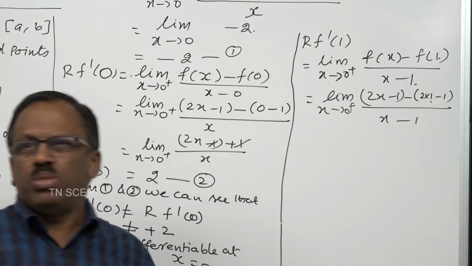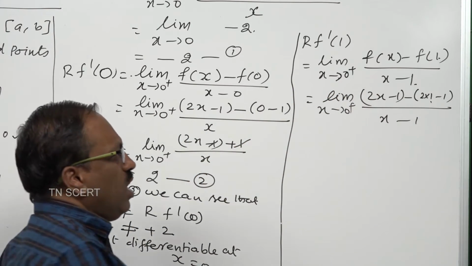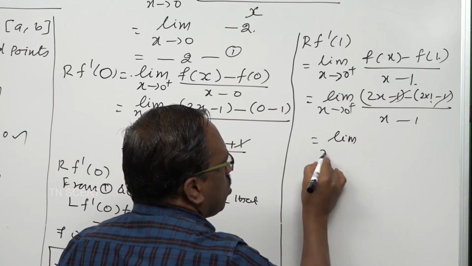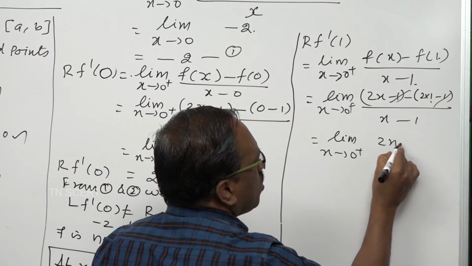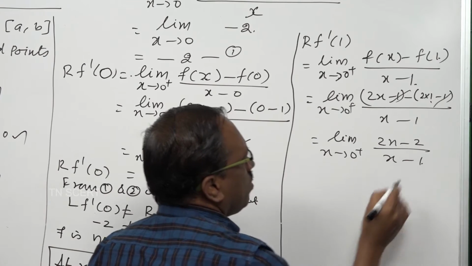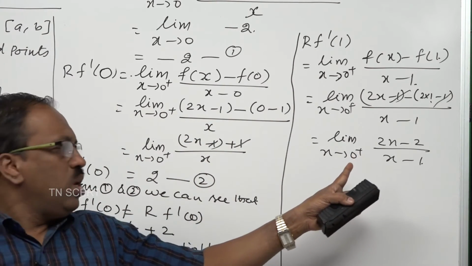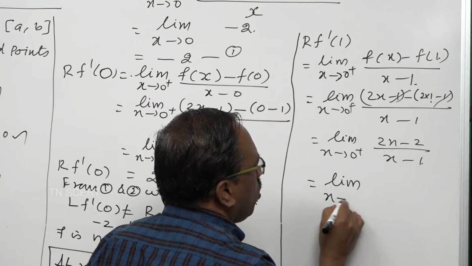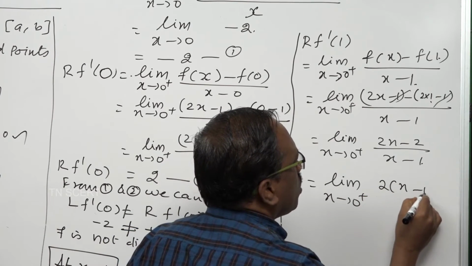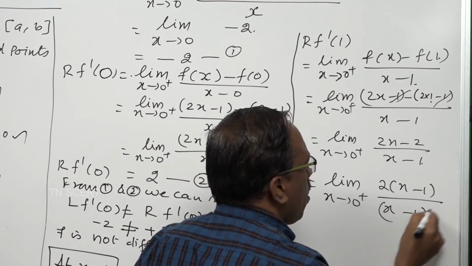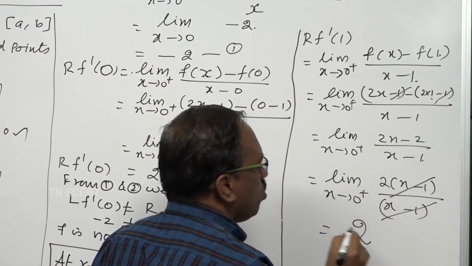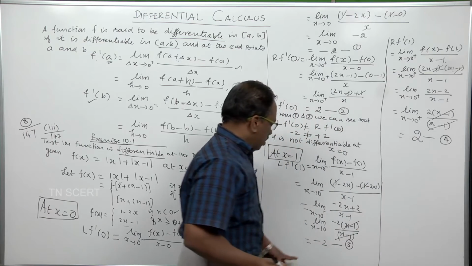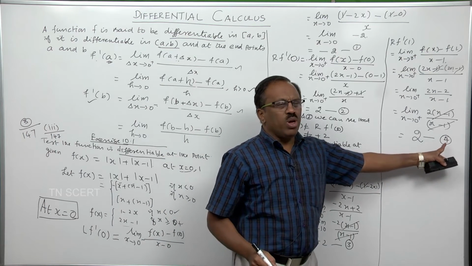I am just substituting the value 1 over there, and minus 1 and plus 1 get cancelled. So, limit x tends to 1 plus, 2x minus 2 by x minus 1. Taking 2 common, 2 bracket x minus 1 by x minus 1, both get cancelled, it is nothing but 2. So, this is the fourth one. Third one we got minus 2, fourth one we got plus 2.